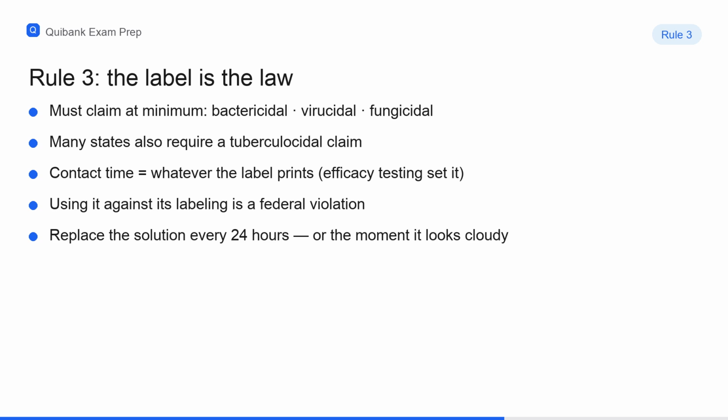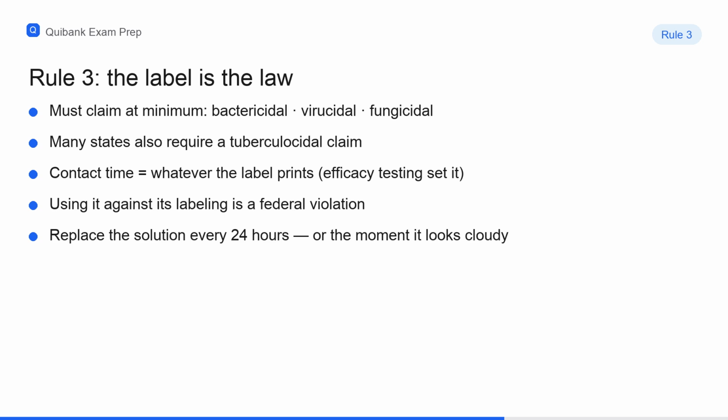The third rule is that the label is the law. An EPA-registered salon disinfectant must claim, at minimum, that it is bactericidal, virucidal, and fungicidal, the 3 families of organism you meet in salon services. Many states additionally require a tuberculocidal claim.